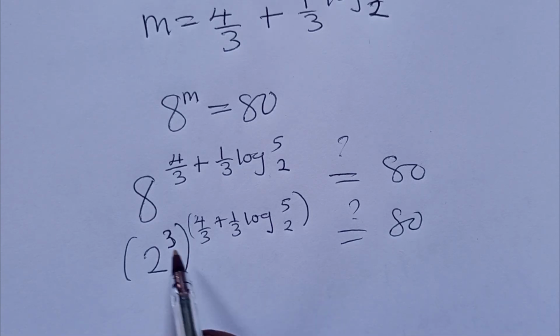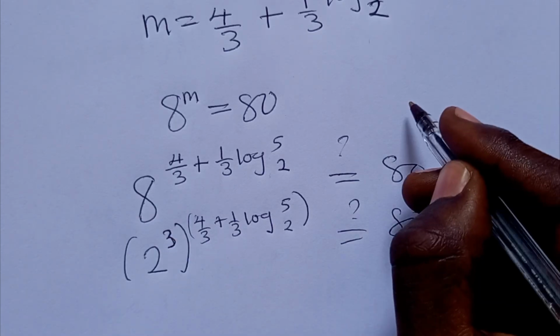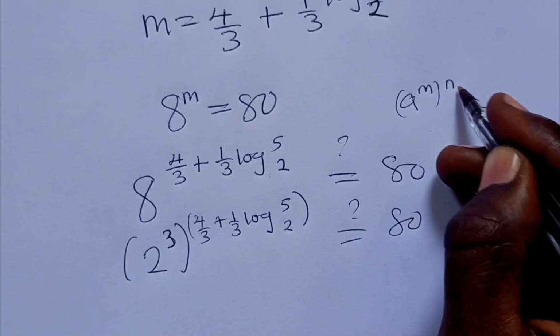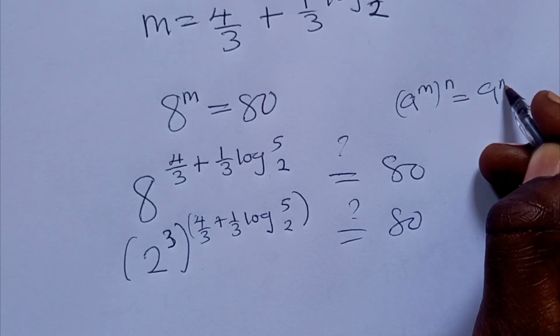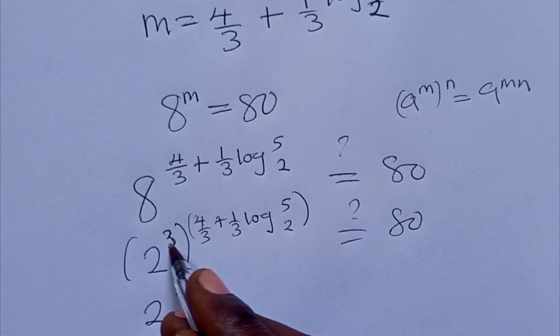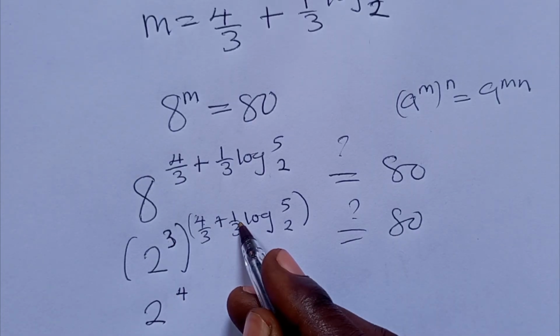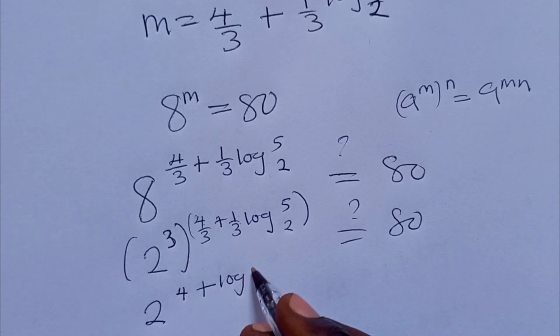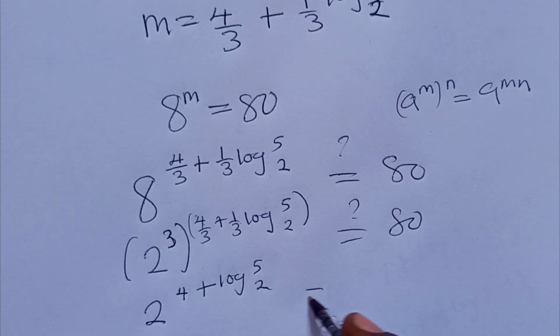So seeing that this is the power of a power law, a to the power of m, all to the power of n, is the same thing as a to the power of mn. So apply that here. The same thing as 2 to the power of 3, we will multiply this, we are left with 4, times 3, we will multiply this, so 3 times 1 over 3, to be left with plus log 5 base 2.